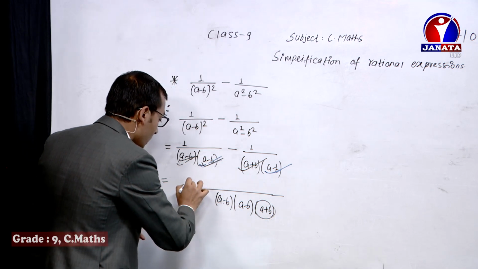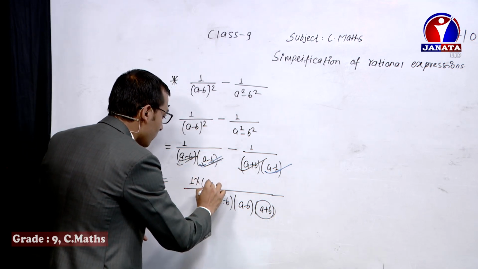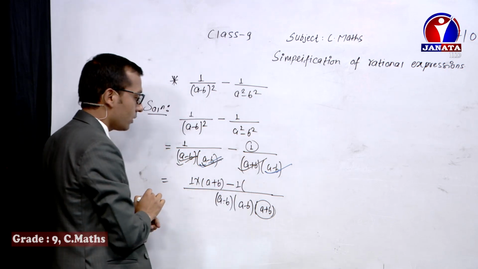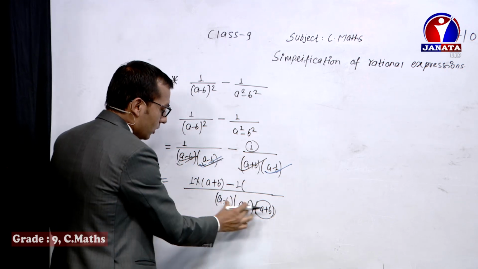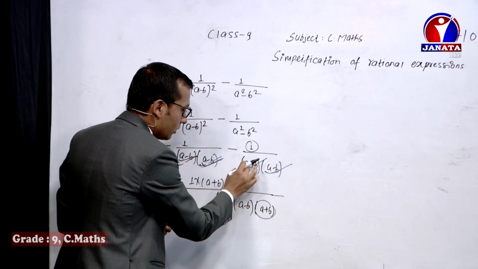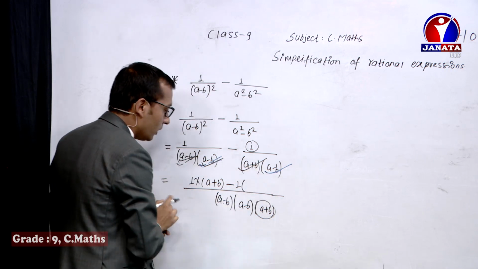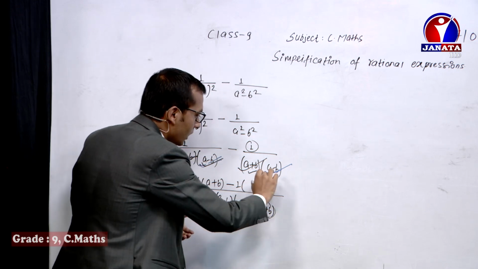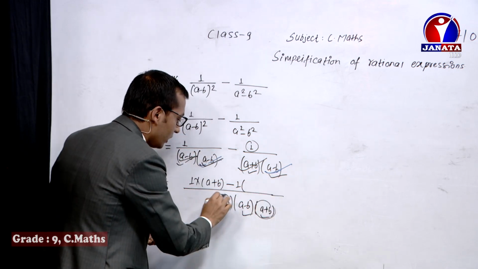A plus b. So 1 times a plus b, minus 1 as it is times, when we divide this LCM by denominator a plus b times a minus b, a plus b is cancelled, a minus b is also cancelled, we have only a minus b left.